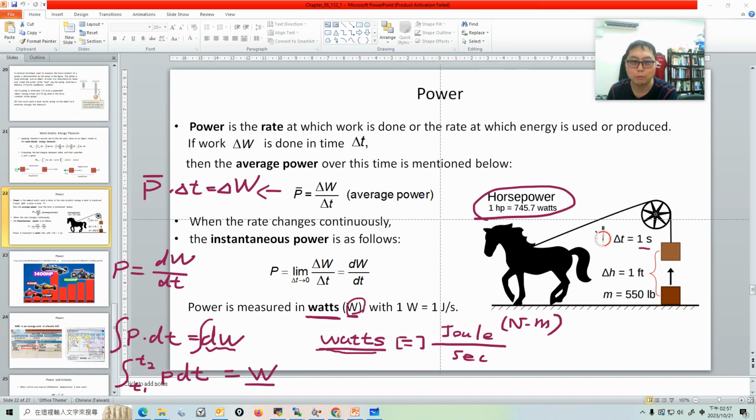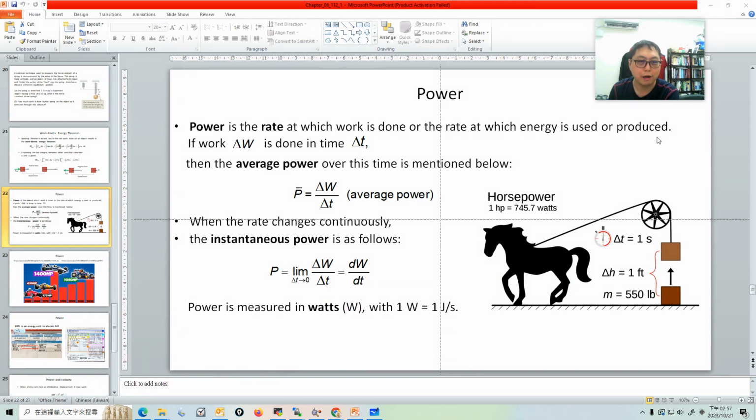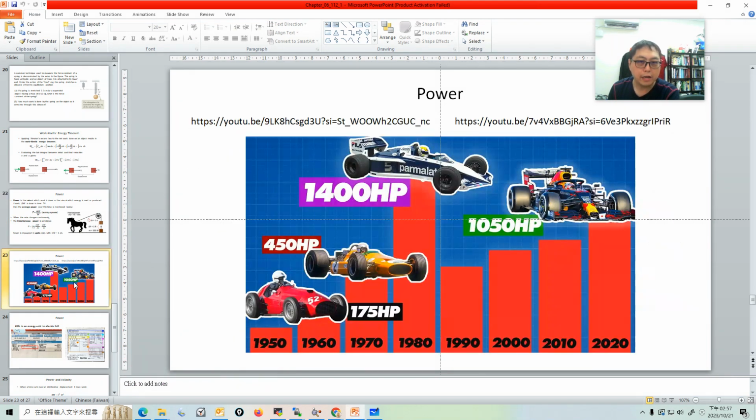Very interesting. Why in the car business do they love to use horsepower rather than watts? I don't know, there may be some reasons. Maybe you can check on Wikipedia or Google. Like I said, in the car business, we all use horsepower. I don't know why no one uses watts.